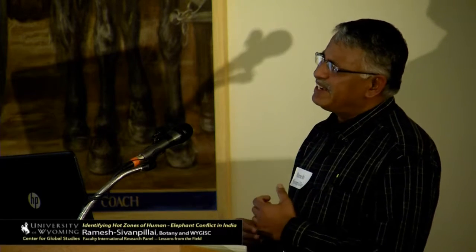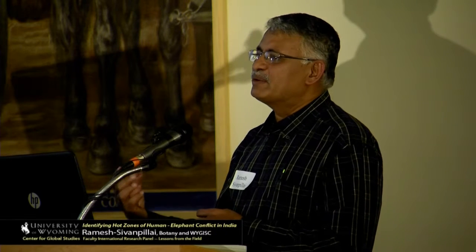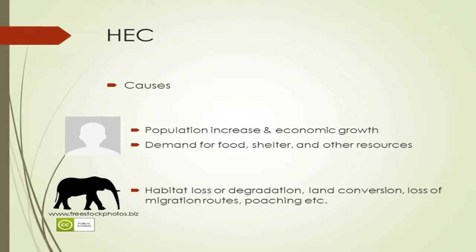But there are a lot of fatalities on both sides as a result of this conflict. There are a lot of injuries, loss in crops, buildings are destroyed, and then there are so many other impacts as well. So the causes, as it happens in other places: our human population is increasing, our economic status is growing, so everyone wants to have new cars, bikes, whatever it might be.